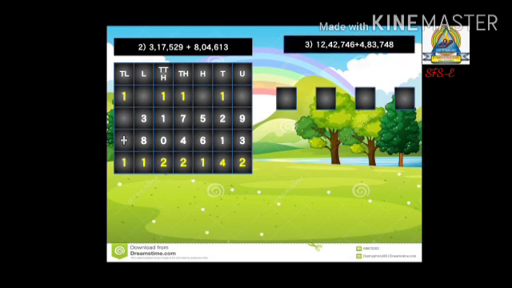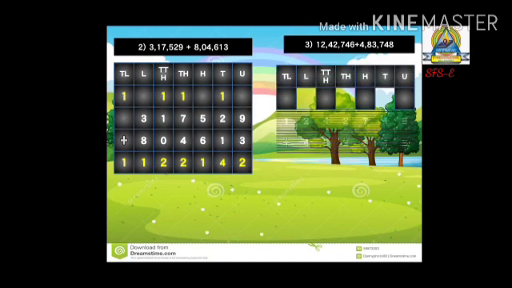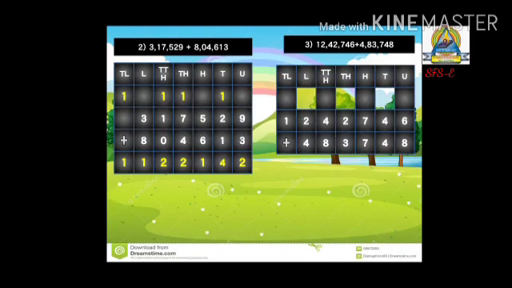Third one is 12 lakhs 42,746 plus 4 lakhs 83,748. Okay, and then start adding the numbers from units place. 6 plus 8 is equal to 14. So write down here 4 and carry over 1. 4 plus 4 plus 1, 9. 7 plus 7, 14.